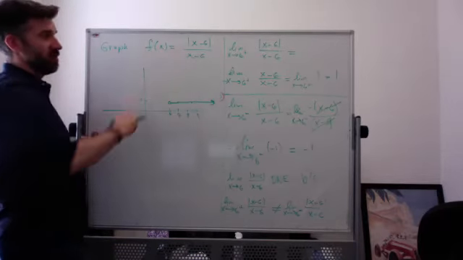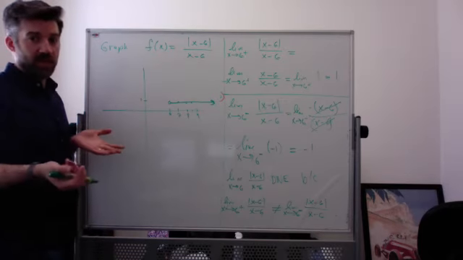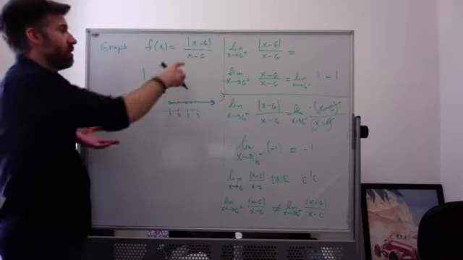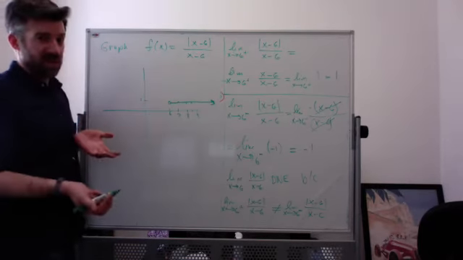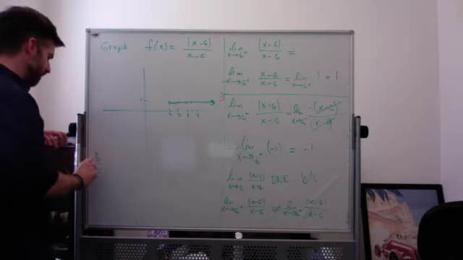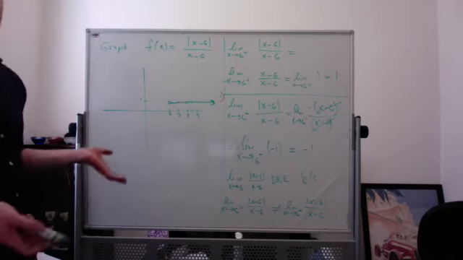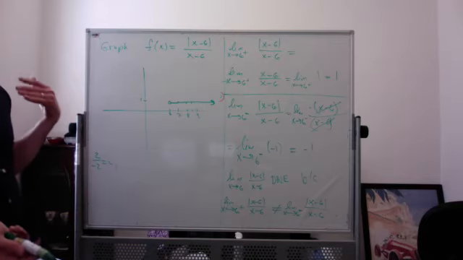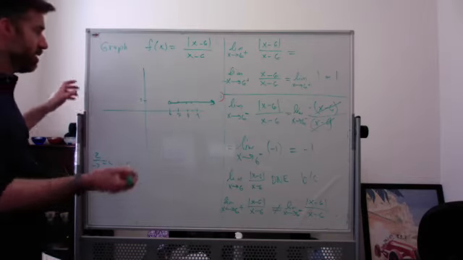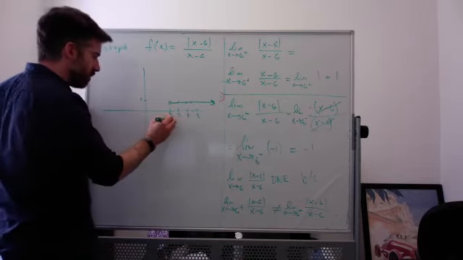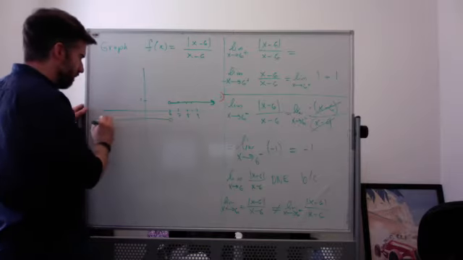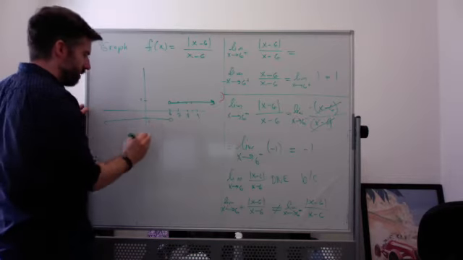You're going to get the absolute value of 4 minus 6, which is the absolute value of negative 2, which is 2. On the bottom, you're going to get 4 minus 6, which is negative 2. So you're going to get 2 divided by negative 2, which is negative 1. And that's going to be true for any number you pick that is less than 6, whether it's 5 or 4 or negative 1,000. So anything over here is going to give you a value of negative 1.